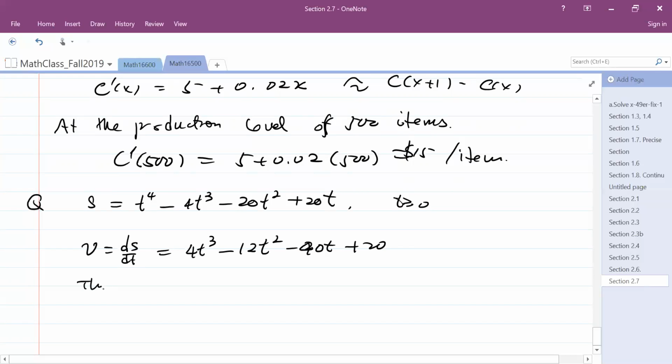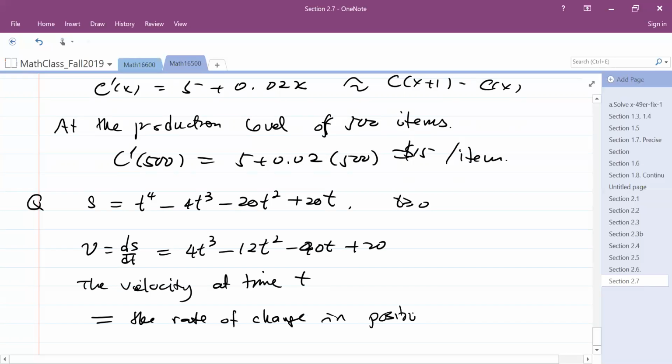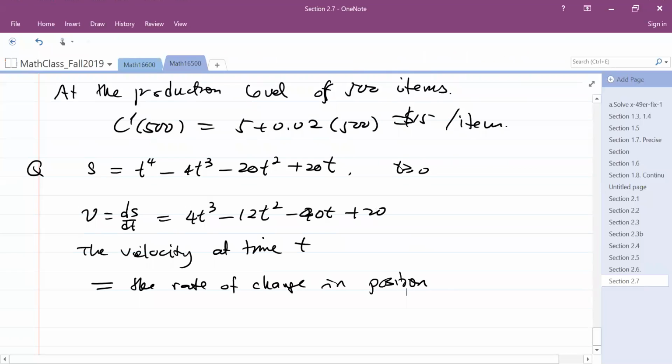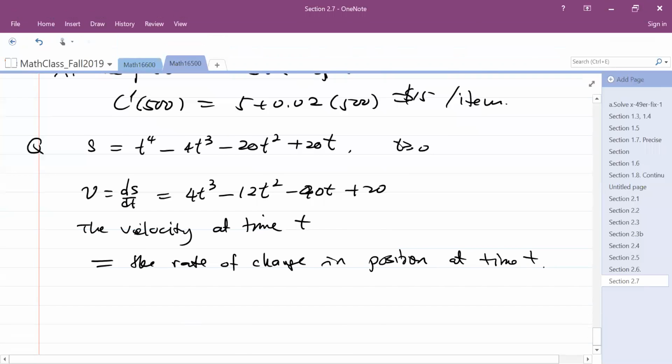So the velocity at time t is the rate of change in the position function with respect to time t. This is a function of t, right? So the acceleration is the rate of change in the velocity.